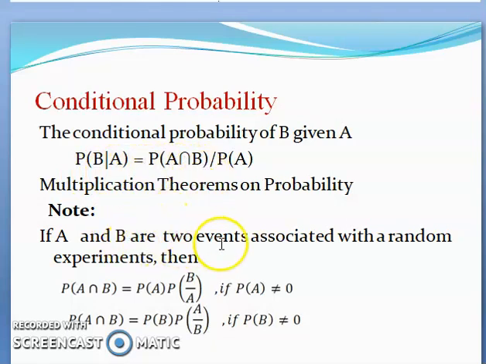Note that if A and B are two events associated with a random experiment, then probability of A intersection B equals P(A) into P(B|A) if P(A) is not equal to 0. Second, P(A intersection B) equals P(B) into P(A|B) if P(B) is not equal to 0. Here, probability of B given A means probability of occurrence of B along with A, meaning A has already occurred.